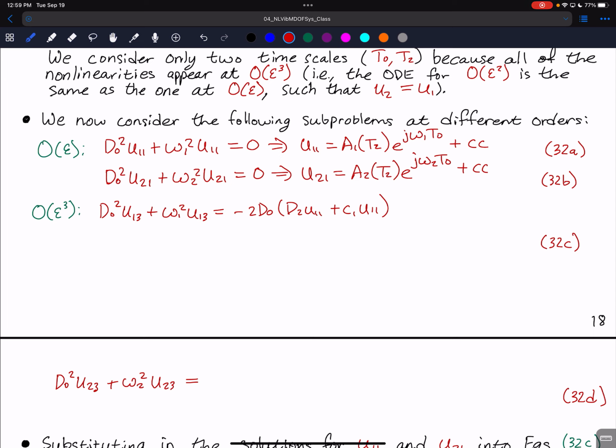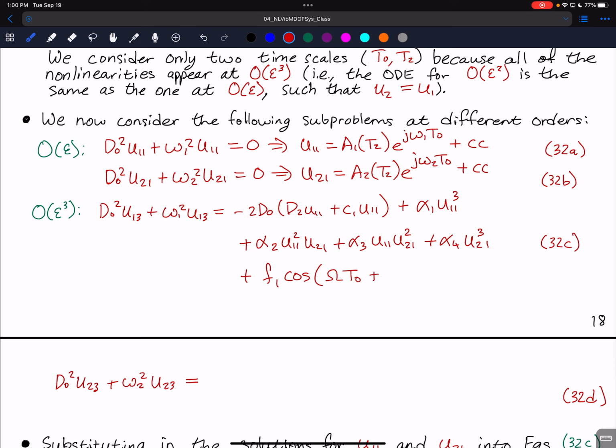So it should just be C1 U11 plus alpha 1 U11 cubed plus alpha 2 U11 squared U21 plus alpha 3 U11 U21 squared plus alpha 4 U21 cubed plus lowercase f1 times the cosine of omega T0 plus tau 1.